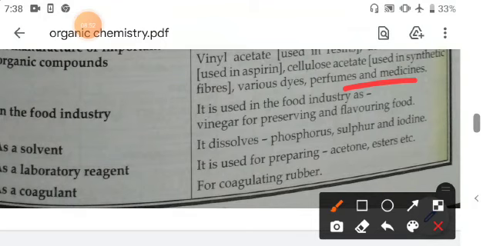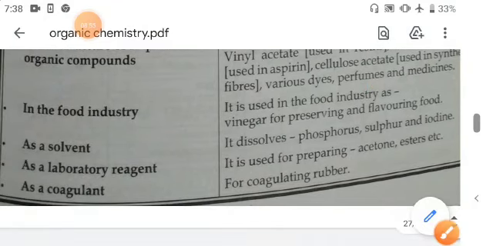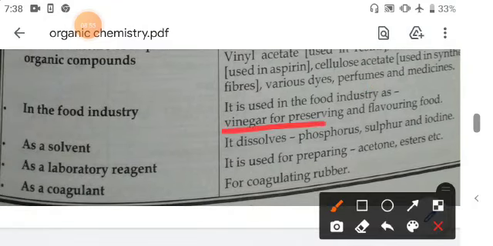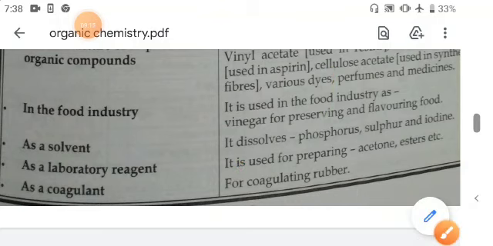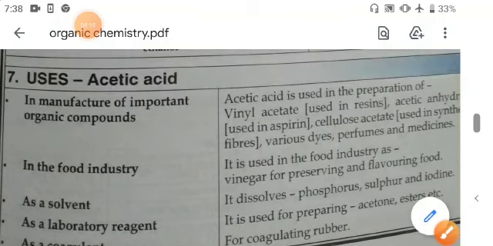In the food industry, vinegar is used for preserving and flavoring food. As a solvent it is used because it dissolves phosphorus, sulfur and iodine. As a laboratory reagent it is used to prepare acetone and esters, and it is also used as a coagulant. That is all about acetic acid and this chapter.